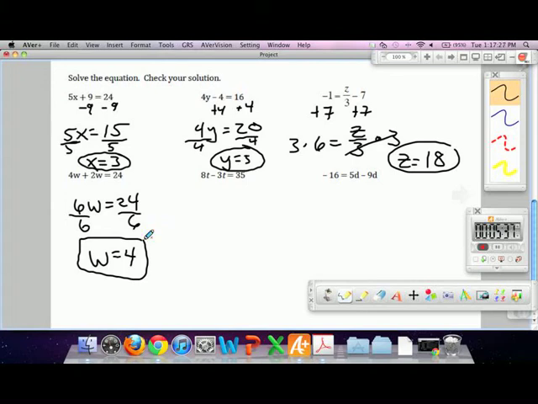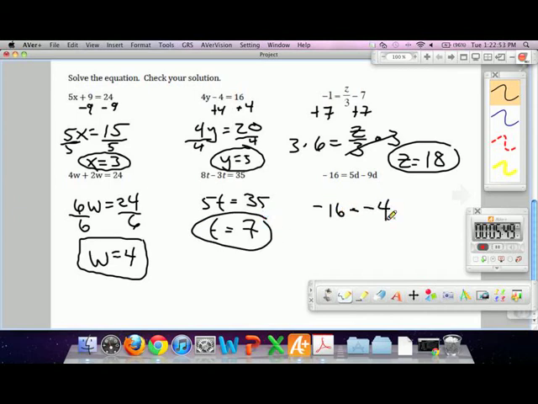The correct answer should be 5t equals 35, t equals 7. Negative 16 equals negative 4d, so d equals positive 4. That would be the correct work for those two.